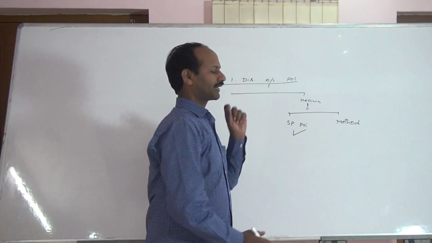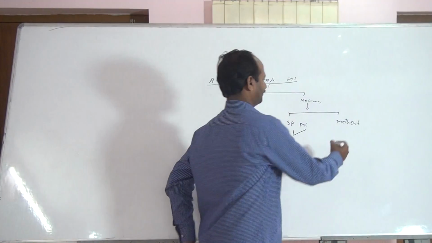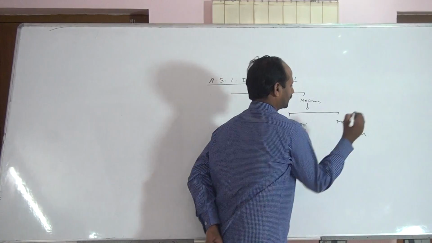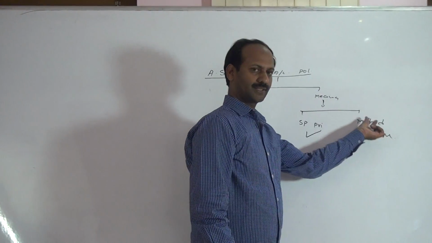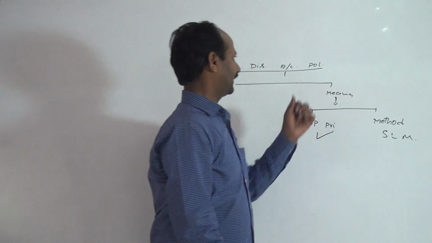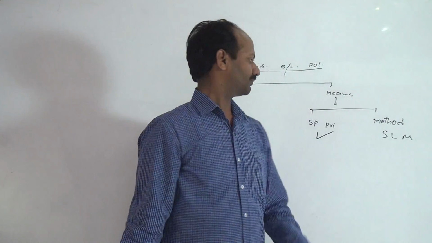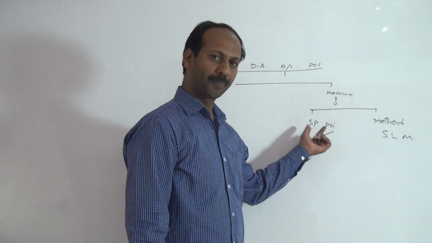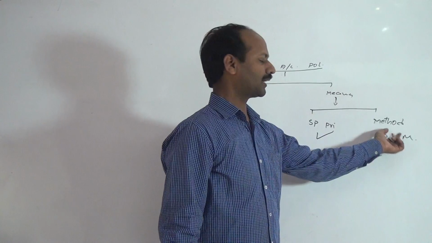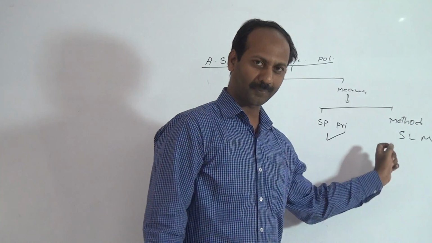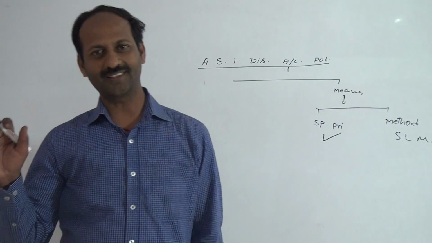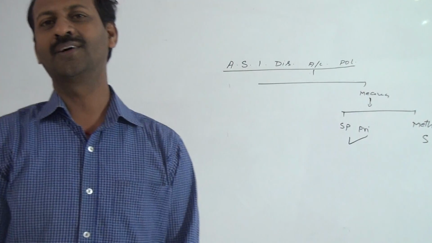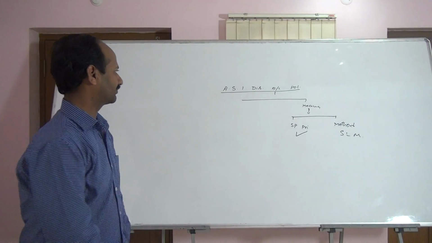Suppose our organization selected the straight line method. So this is selection of method. So finally, accounting policy is a specific accounting principle and method of application of that principle in preparation and presentation of the financial statements.